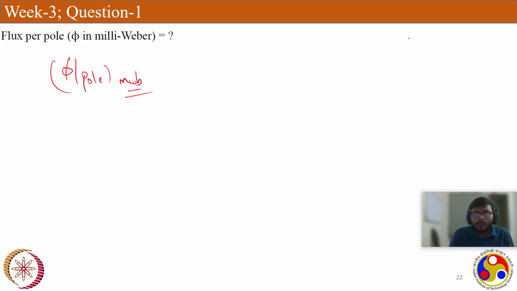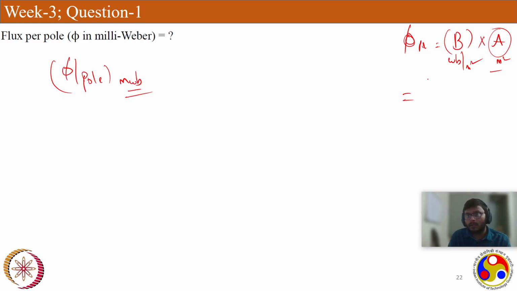It was asked. So we know that flux per pole is equal to B, the sinusoidal distribution of B, multiplied by area, because this will be in Weber per meter square and this will be meter square. Now there are two ways to calculate it. If it is a sinusoidal flux distribution and you know the peak B max, the average value of B will be 2 by pi of B max.